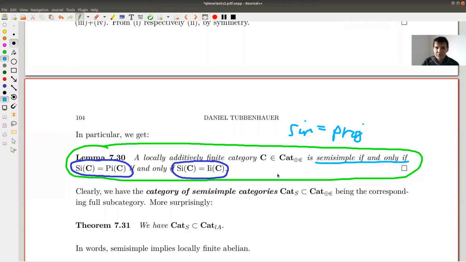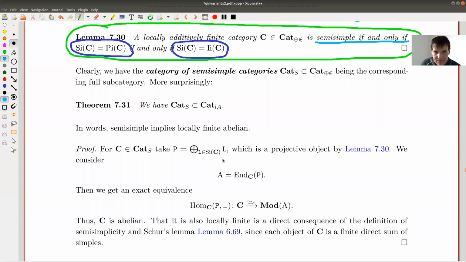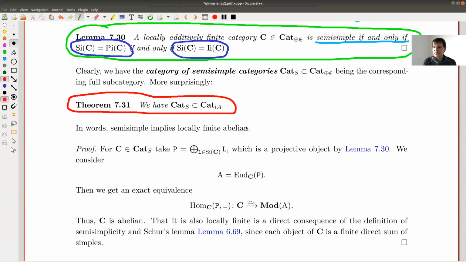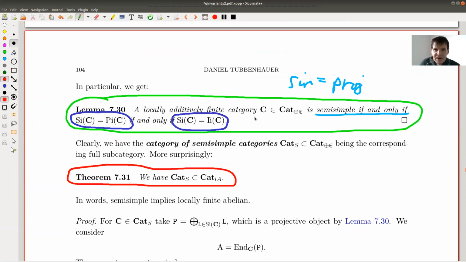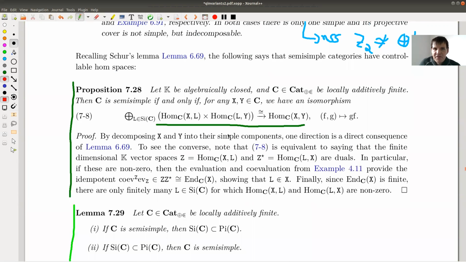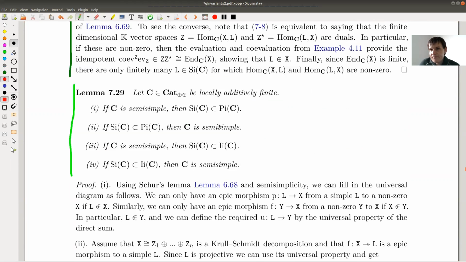In particular, you can prove the following theorem. Any semi-simple category is abelian. It's actually surprising because they have a really different definition. Abelian assumes something like an epi-mono factorization, and semi-simple says something about decomposition of things into simple objects. But one of these propositions here actually gives you an epi-mono factorization.